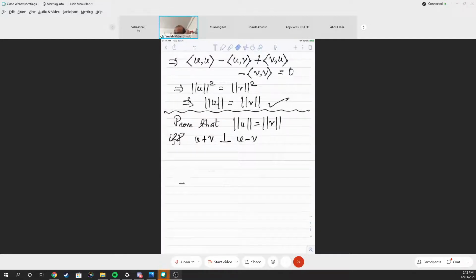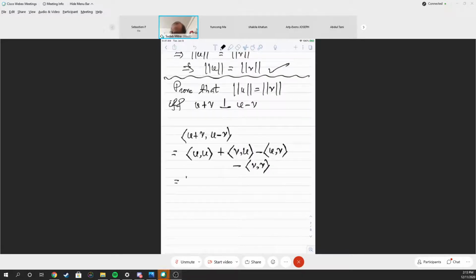That's better, without doing if and only if. Inner product U plus V, U minus V is inner product U plus V, U minus UV minus VV.